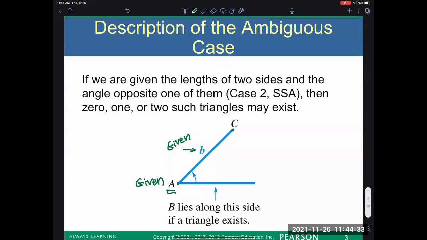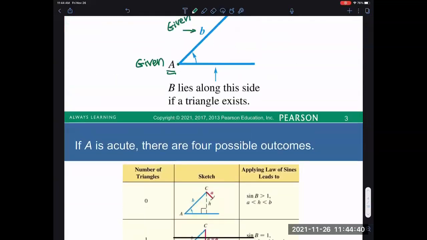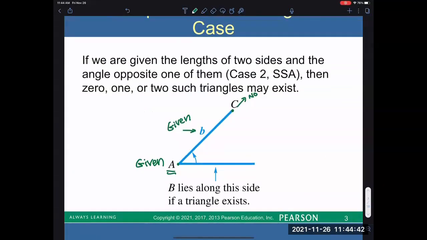So I can't make side B longer, and I can't make side B shorter. I can't make that side stick out farther or come back and be shorter because side B is given and that's fixed. And because I can't change angle A, I can't move side B down in this direction or swing it up higher in that direction. Nope.